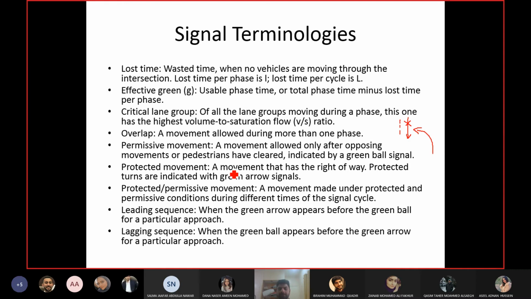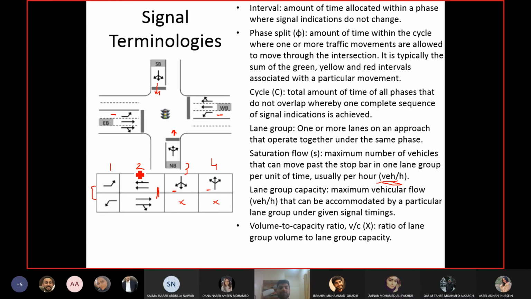So the left turning will have the green earlier than the through movement. So this one is a leading sequence. You can see the left turning has phase 1, so it is happening first, and then the through movement will happen. This is a leading sequence.